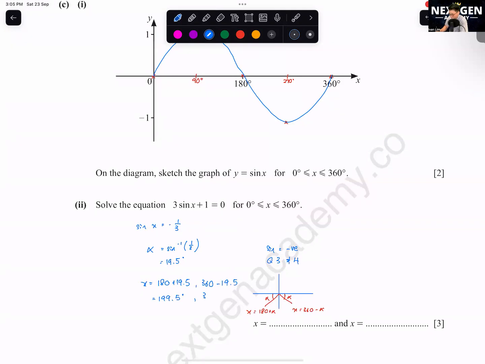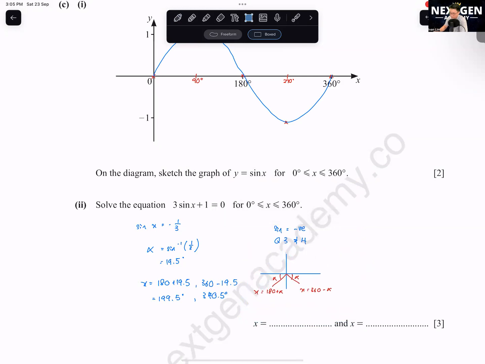And here is 340.5 degrees. Okay, 199.5, 340.5. So this is under your trigonometry that you all need to know how to do the solving part also.